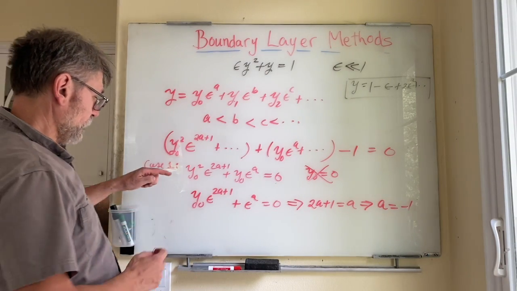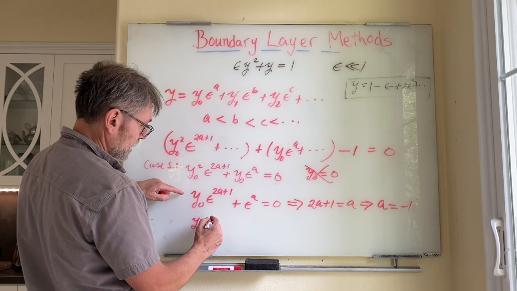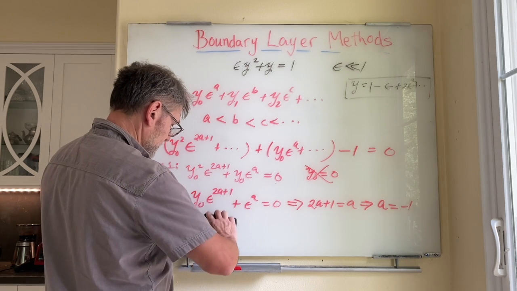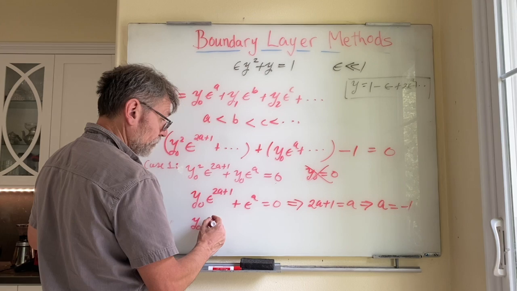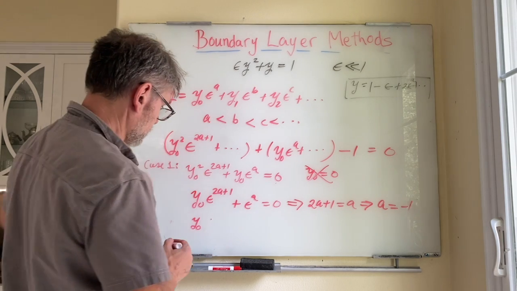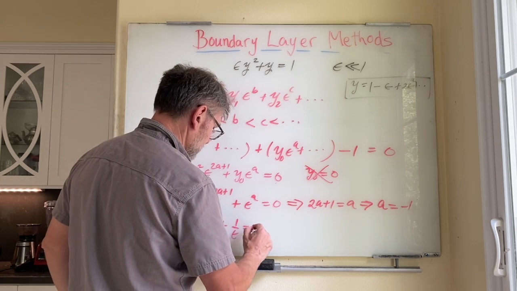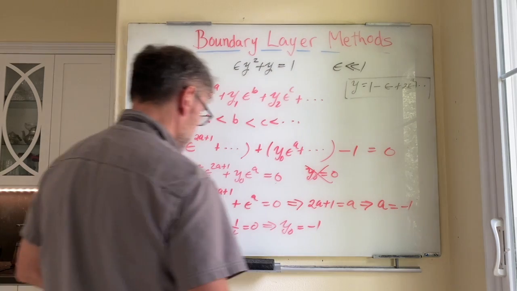And if a is minus 1, then our leading order term is going to be y naught times epsilon to the, oh, the epsilons go away, sorry, epsilon to the 0, times 1 over epsilon plus 1 over epsilon equals 0, which implies y naught is equal to minus 1.